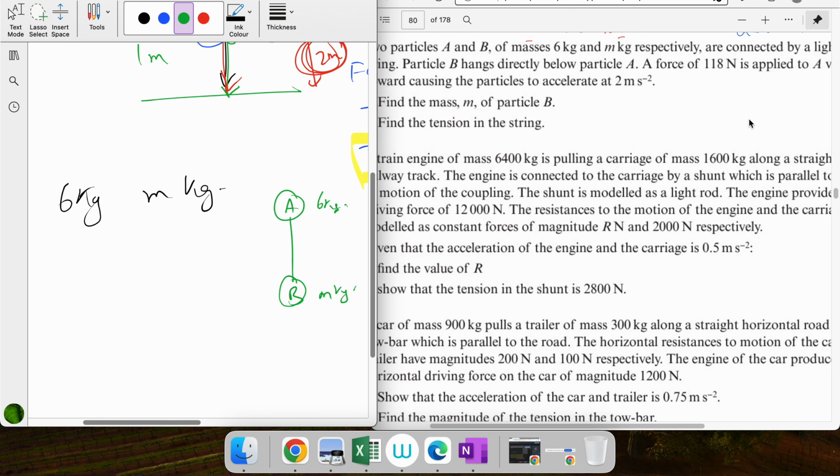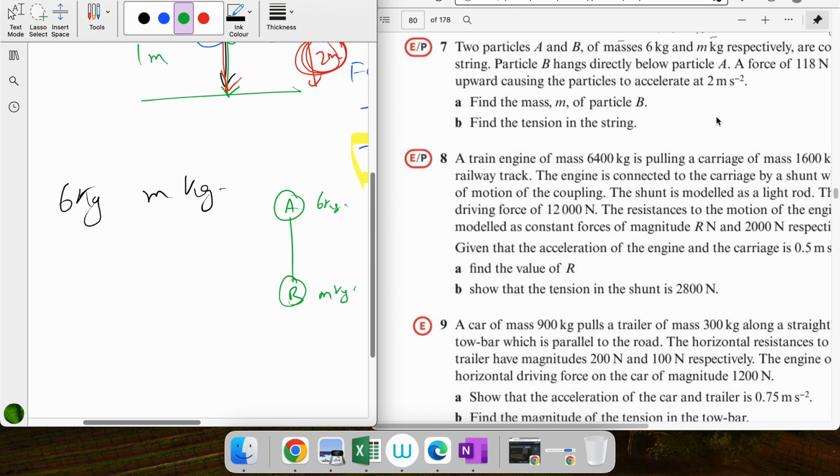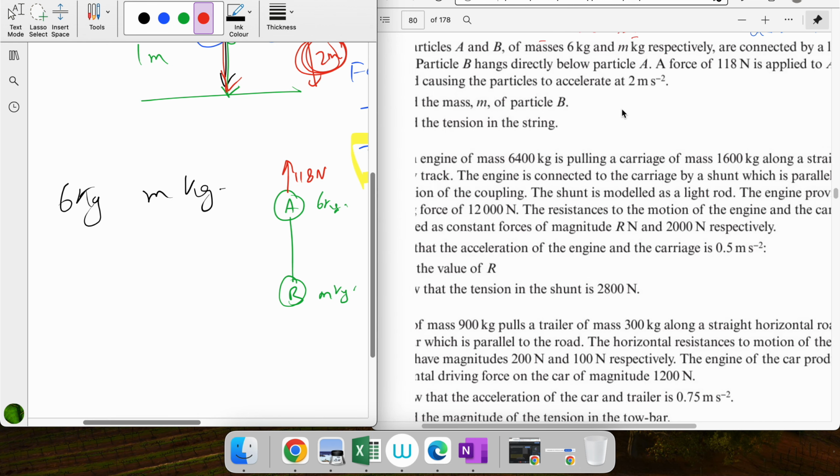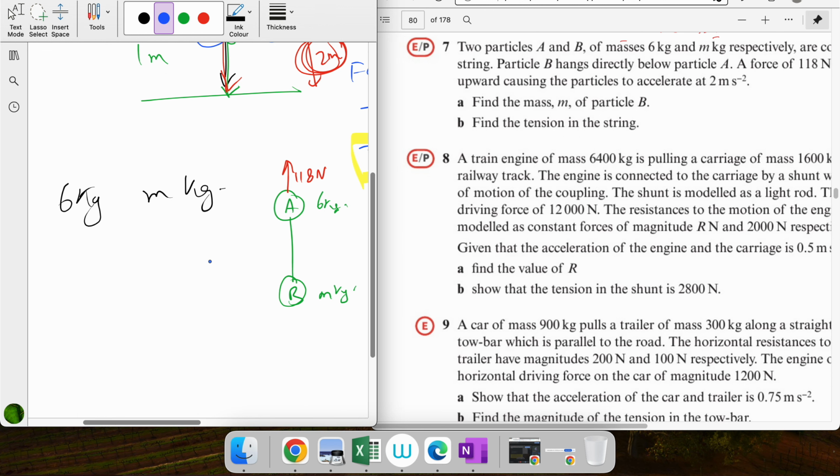A force of 118 newtons is applied to A vertically upwards, causing the particles to accelerate with 2 meters per second square.